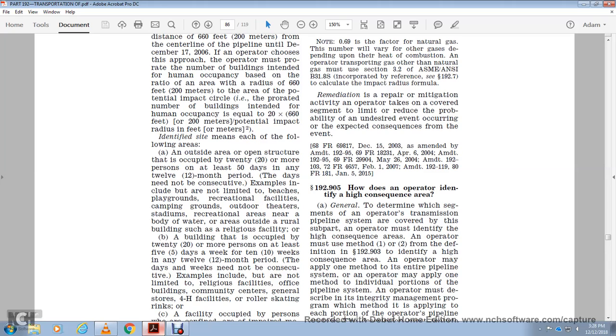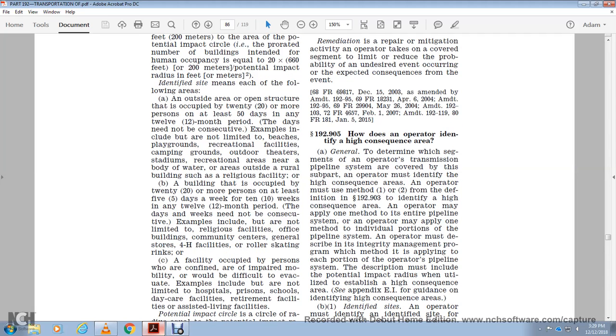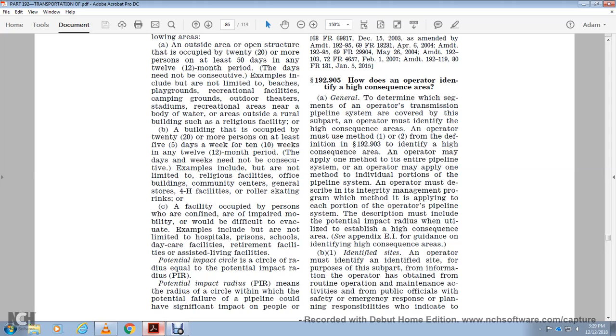Examples include, but are not limited to, religious facilities, office buildings, community centers, general stores, 4-H facilities, and roller skating rinks. Also, a facility occupied by persons who are confined, are of impaired mobility, or would be difficult to evacuate. Examples include, but are not limited to, hospitals, prisons, schools, daycare facilities, retirement facilities, and assisted living facilities.